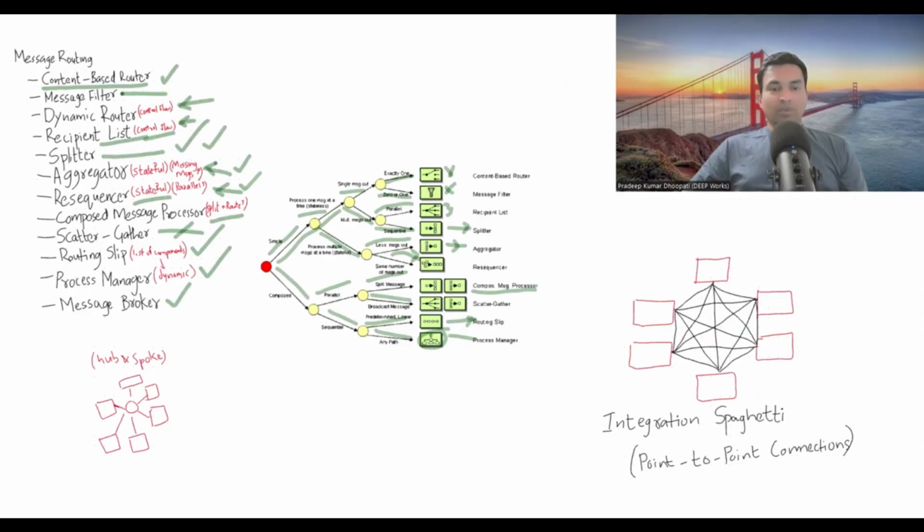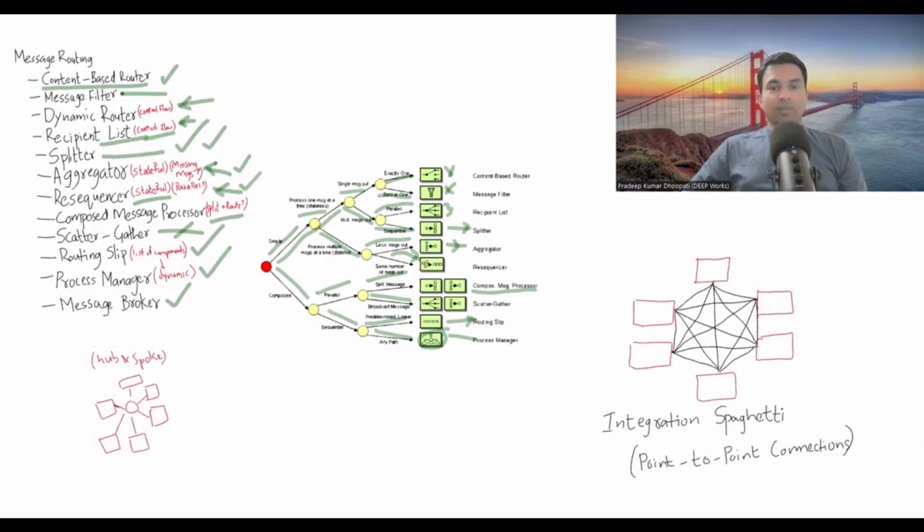Then we have composed message routers. The first one is composed message processor, which is essentially two or more simple message routing patterns used in a complex message routing solution. For example, you split the messages if you get a bulk order and then process them.